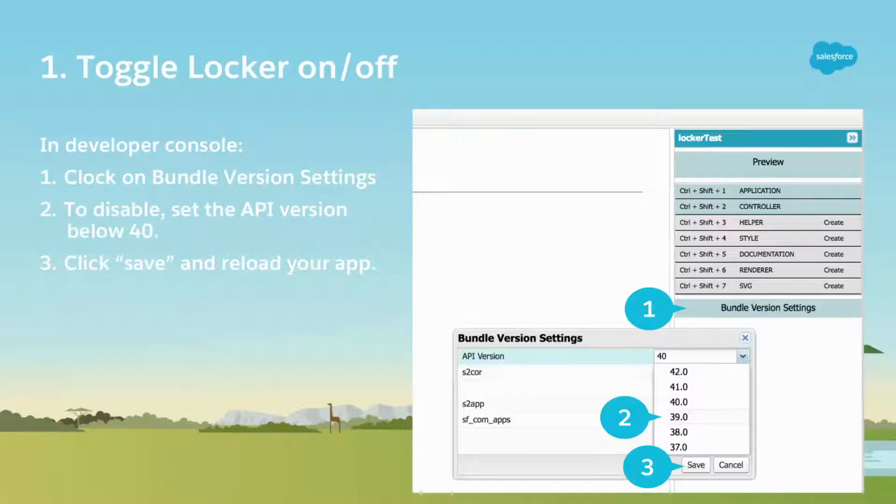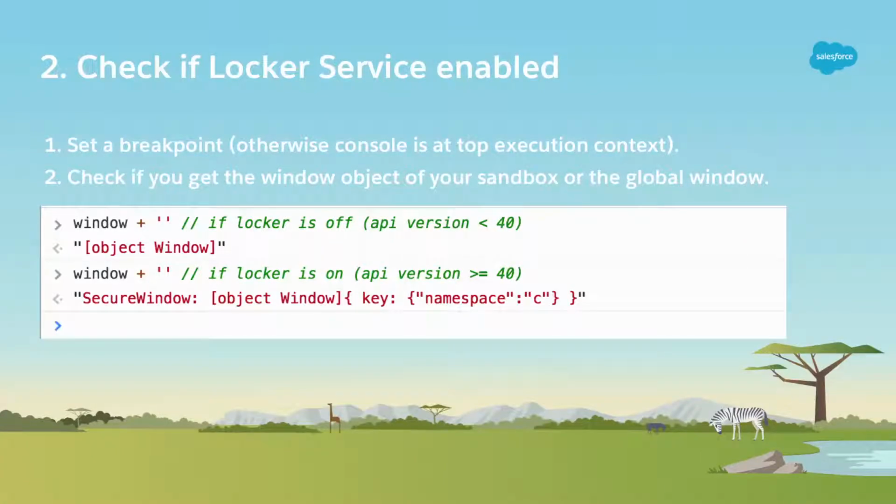Next thing, if you put a break in your code, you can check what is the status of the environment. So in this case, imagine I have a breakpoint, and in the console, I just do window toString, which I simplify by forcing a typecast with a plus empty string. If Locker is enabled at that point, you're not going to see an object window, as you should see if Locker wasn't there.